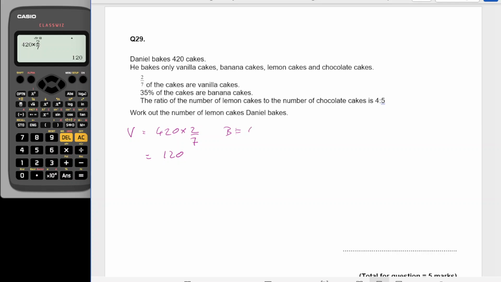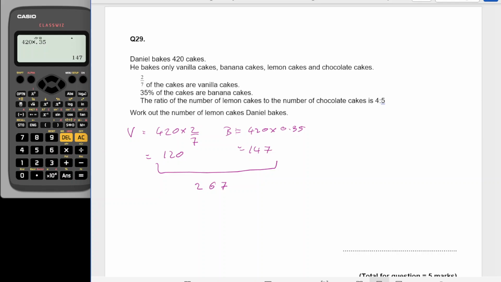So we're doing 420 times by 35%, so times by 0.35. We've got 147 banana cakes. The rest we're splitting in a ratio, so we need to work out how many we're splitting in the ratio. So currently that adds up to 267.